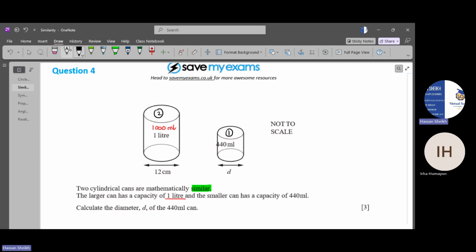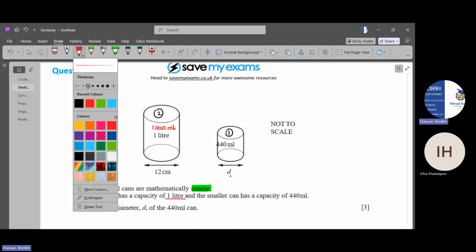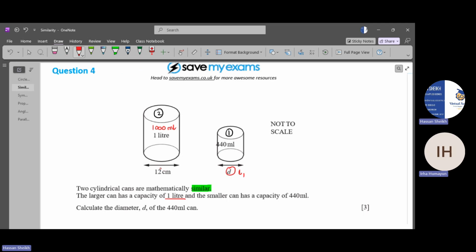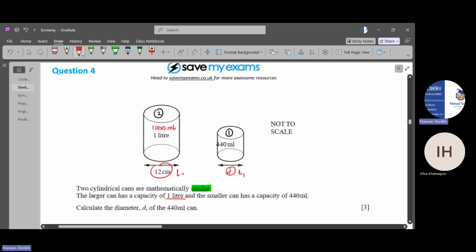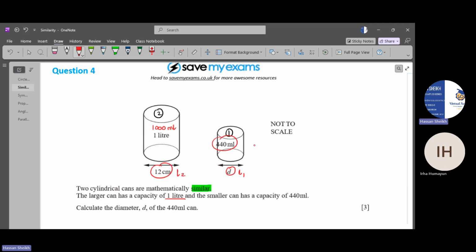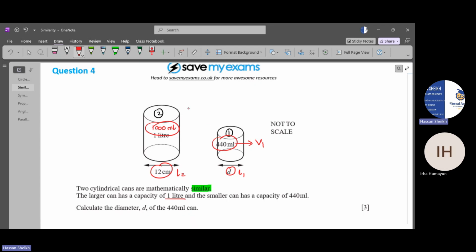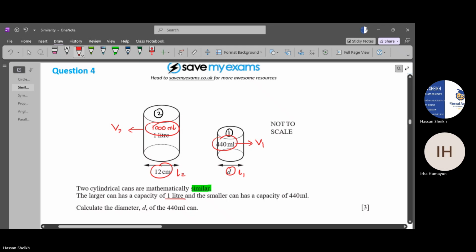Then D would be L1, and this 12 would be L2. Then this 440 would be V1, and this 1,000 ml, because we need to use ml, not liters, to make the units the same for the ratio, would be V2.